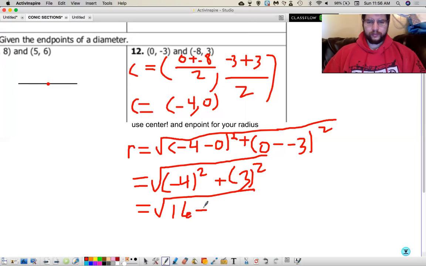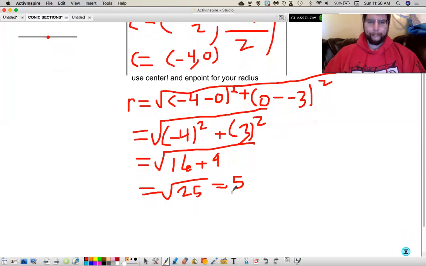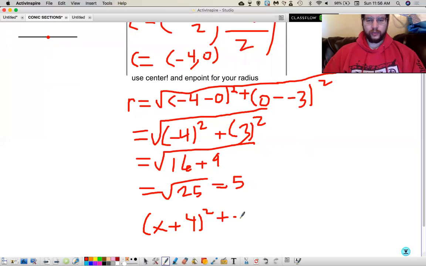Hey, it's a nice number. So that's square root of 25, which of course is 5. So my radius is 5. My center is negative 4, 0. So now I can write my equation. x plus 4 squared plus y minus nothing's just y squared equals 5 squared, which is 25.